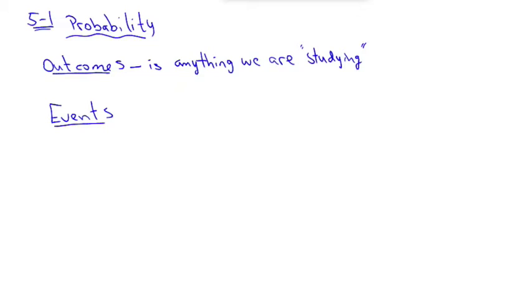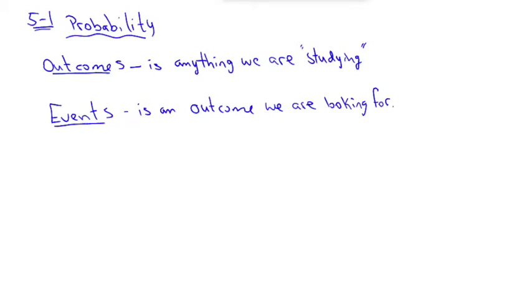Now, out of all of those events, we might be interested in only one of them, the ones that actually go through the red light. So an event is an outcome we are looking for. The outcome that we're looking for.